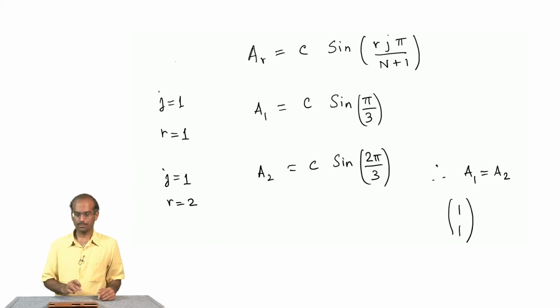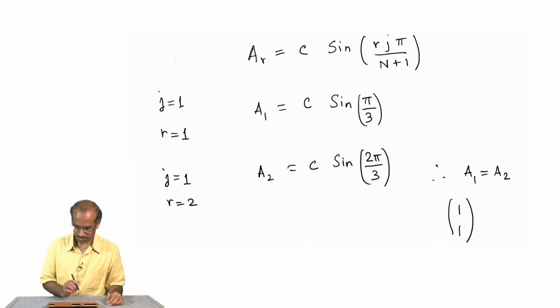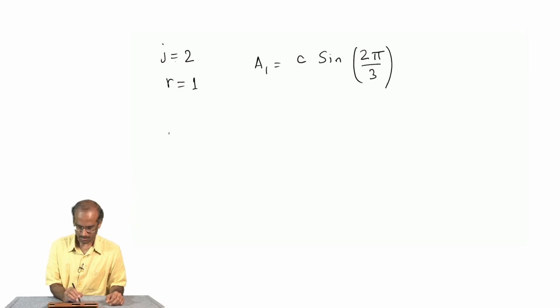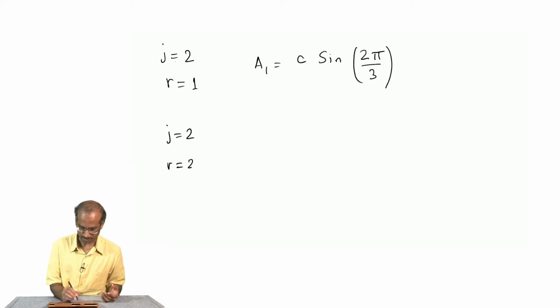Now, we look at the second normal mode corresponding to the larger of the frequencies. That would correspond to j equal to 2, and again I will do it for the first particle corresponding to r equal to 1. Now I stick to j equal to 2, the same normal mode, but for the second particle.